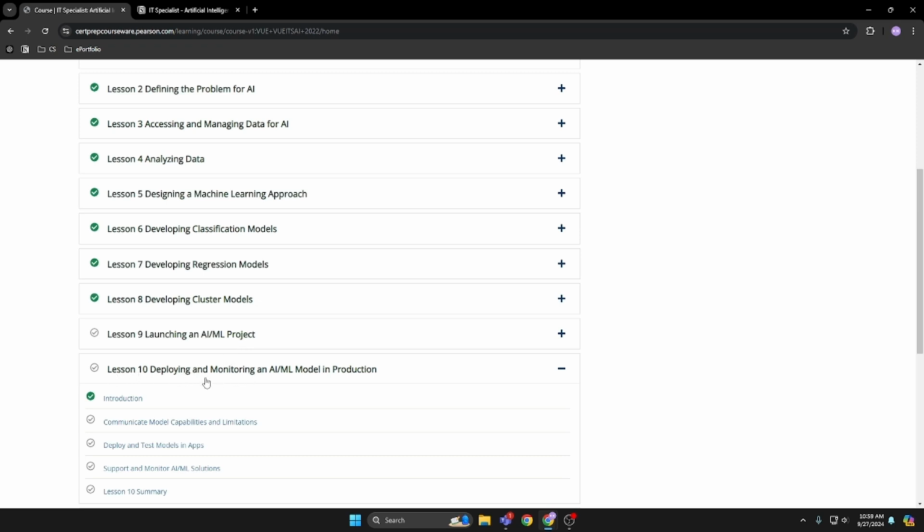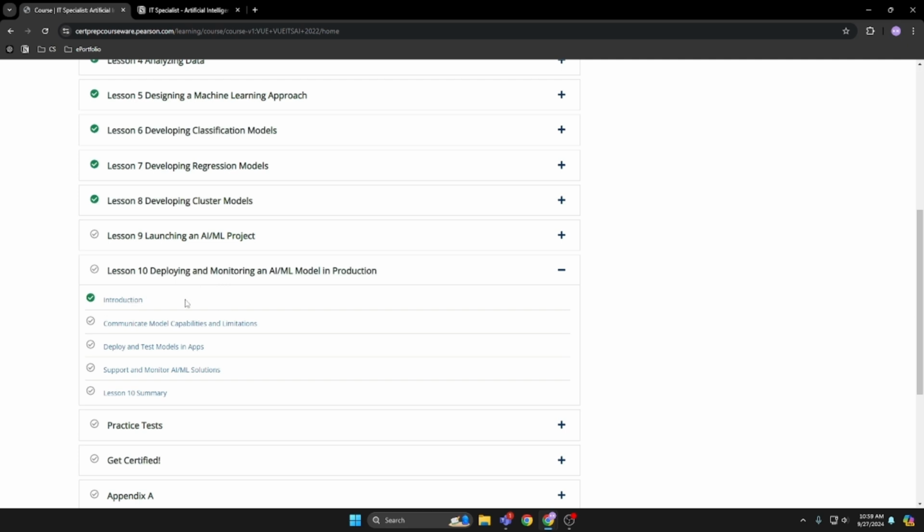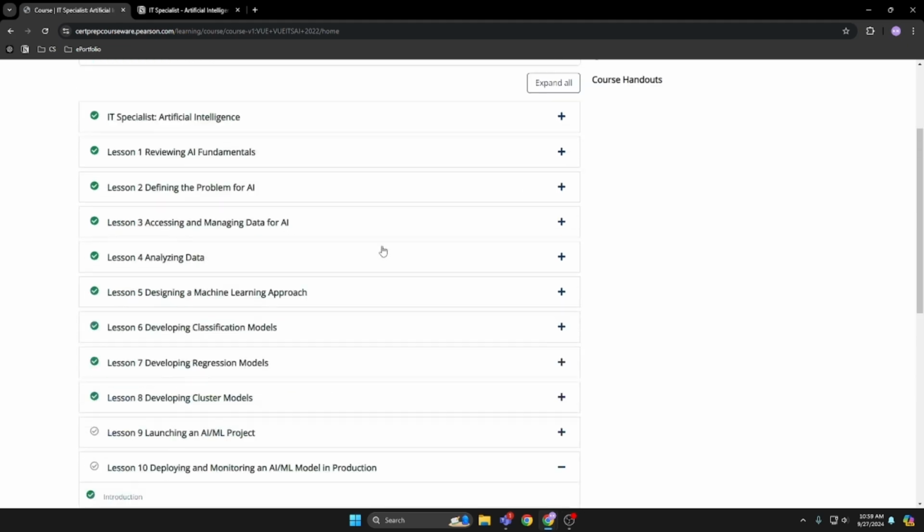And then lesson 10 is one that I'm currently working through, the communicate model capabilities and limitations section. These last two lessons are more about the process of making a model for a company or business, or for any sort of work, rather than how AI itself works, which I think is pretty cool.